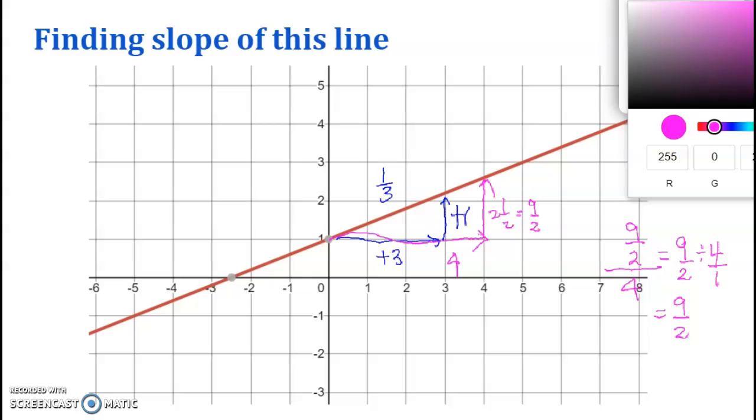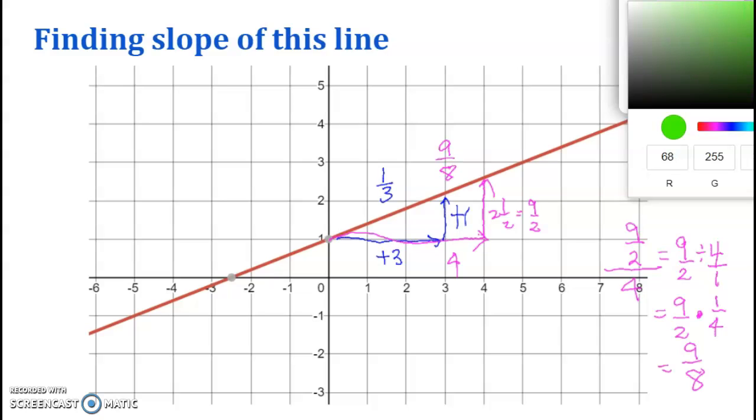Remember, 4 is the same as 4/1, and when you are dividing by a fraction, you flip the second fraction. So it becomes 1/4. So this becomes 5/8. So from the pink triangle, I think the slope is 5/8.